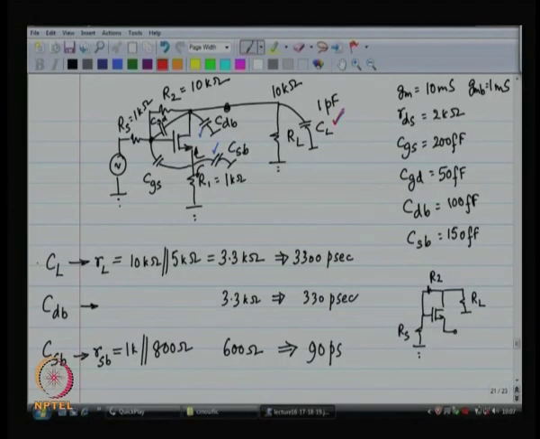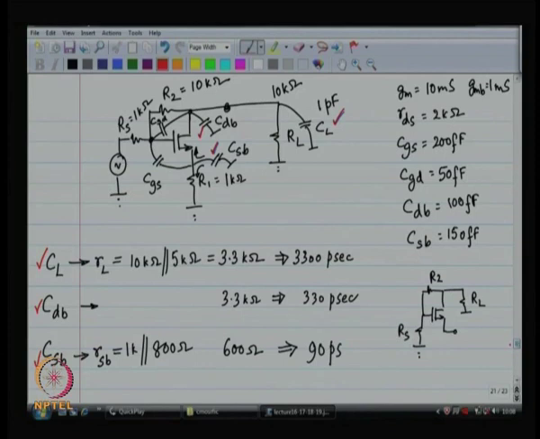So, we had worked on CL over here, then we had worked on C source to body, we had worked on C drain to body, which is very similar to CL, right, and the two that remain are CGS and CGD. These two remain, and this I first want to accomplish today, and then we will move on to the next module.